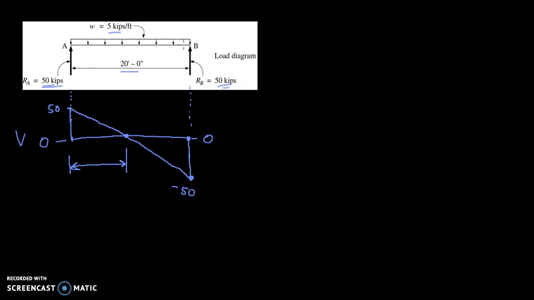But if this distributed load hadn't gone all the way across the beam and it crossed the 0 axis at some point and we needed to find out where, we could simply do that by taking the maximum shear value here of 50 kips, I should label these units, divided by the rate at which the shear force is pushing down on us, that externally applied load of 5 kips per foot.